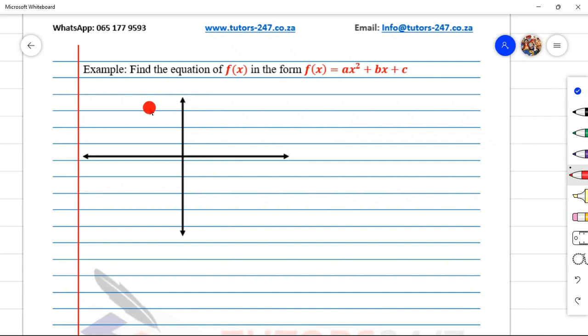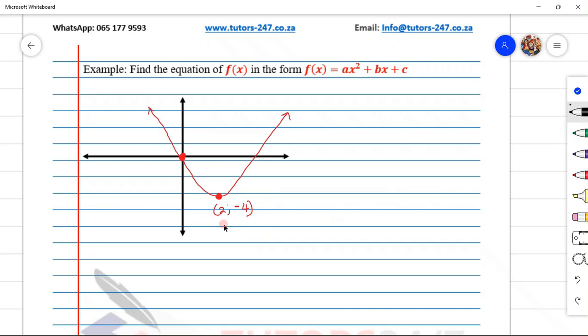So let's quickly draw a function. So this function cuts through the origin, and let's give it a turning point of 2 and negative 4.